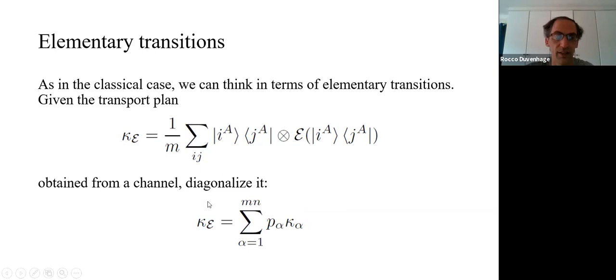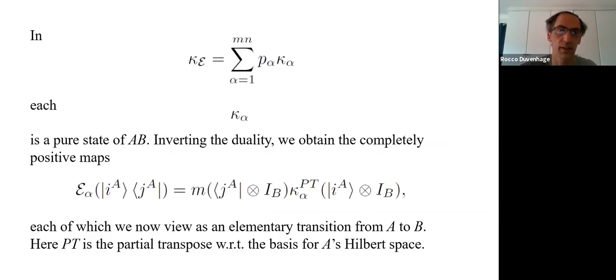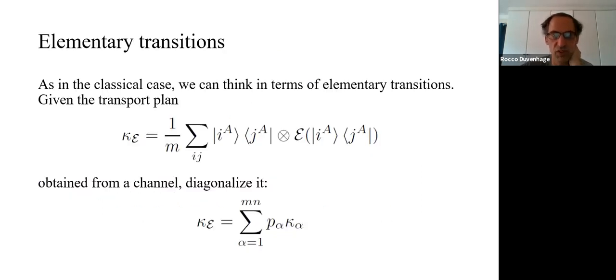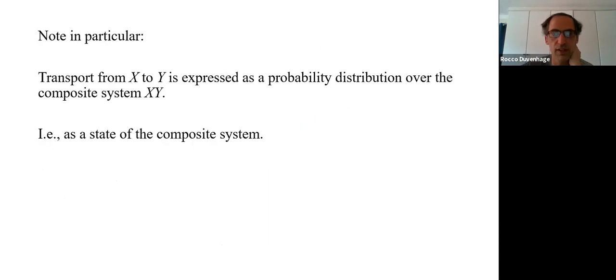So you can diagonalize it. It will look like this. The diagonalization, of course, need not be unique, but you can diagonalize it. And then in such a diagonalization, you view each of these pure states essentially as elementary transitions.